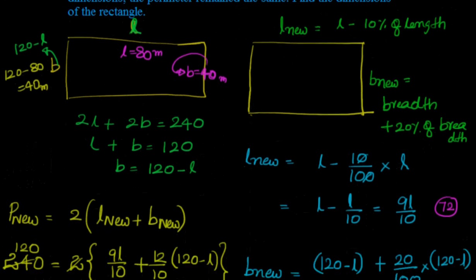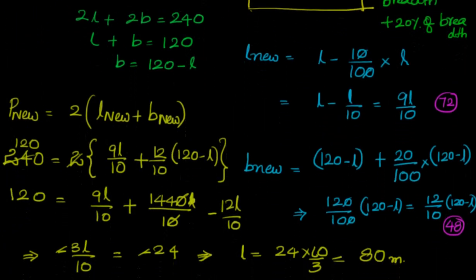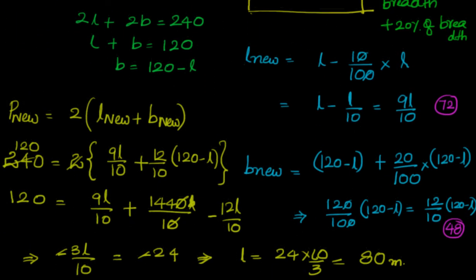So we found the L new and B new. Now after that we have equated to the perimeter, because we know the perimeter remains the same even after these modifications. Now once you substitute perimeter new equal to old perimeter equal to 240 meters and substituting L new and B new from whatever we have found, we found that L equal to 80 meter.